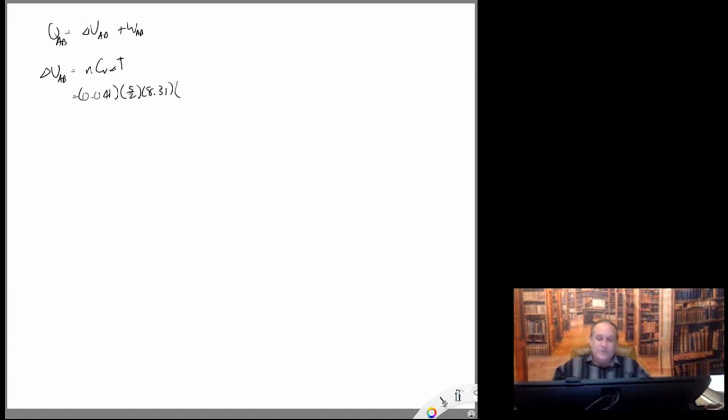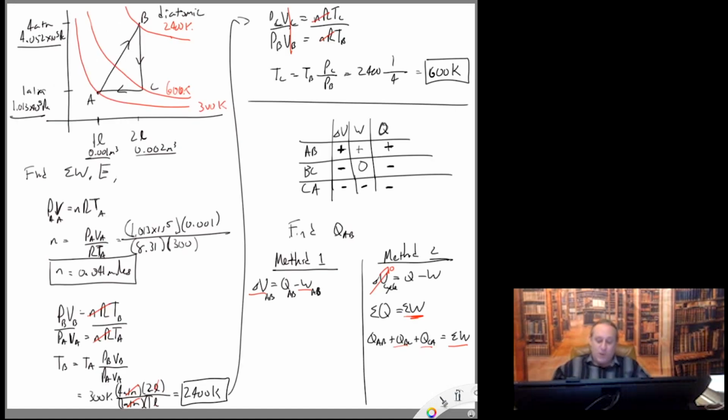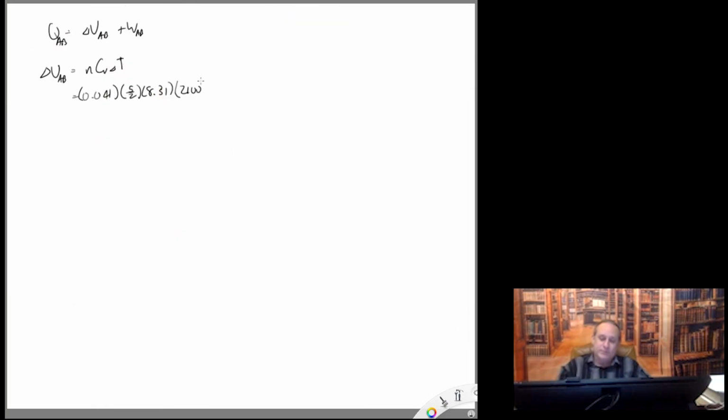And the delta T, we're going from 300 up to 2400, so that's 2100 degrees Kelvin. And we can just multiply that out. That's 1788.7. I mean, we could probably just round it to 1790, but I'll just keep one decimal place for each of these numbers. Okay, then we want to find the work.